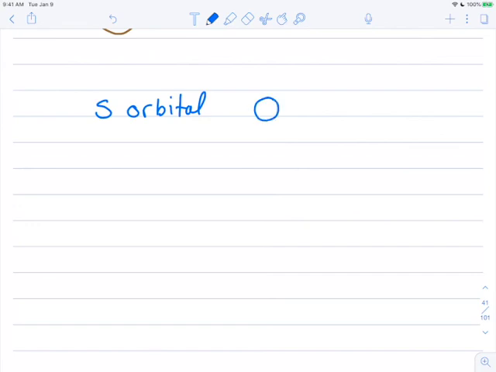Some of you are much better at drawing 3 dimensions, and feel free to do 3 dimensions. Normally, I would say on a test or quiz, I could ask you to draw it, but since we're doing online, if I were to give you several shapes, you should be able to identify the s orbital. And I want you to know that there's only one type of s orbital. There's only one type of sphere.